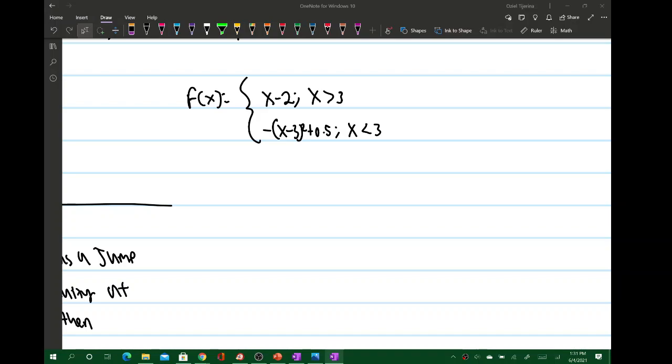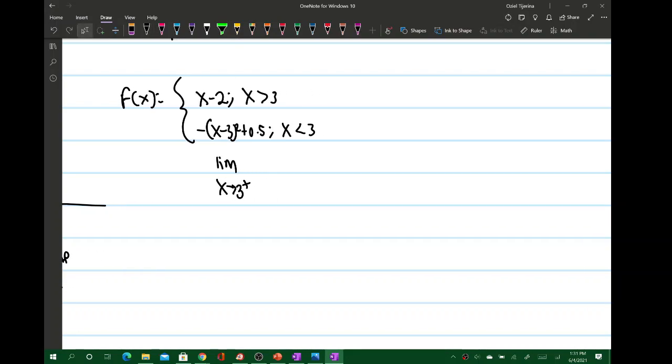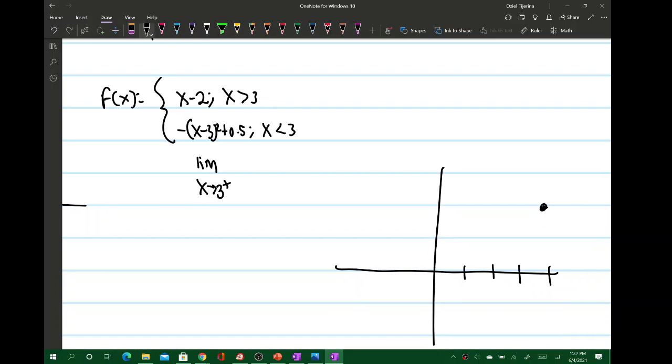Now let's pretend that we want to find the limit as x approaches 3 from the right side. How do we do that? Again, we can try to sketch it. We know that when x is greater than 3, the first one is defined. X minus 2 is defined.